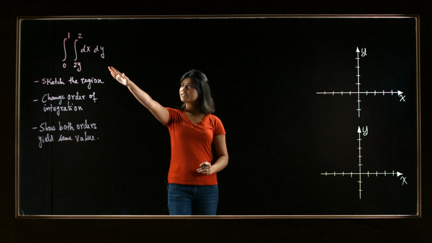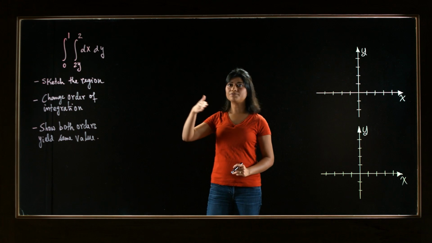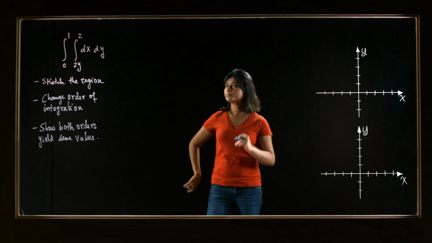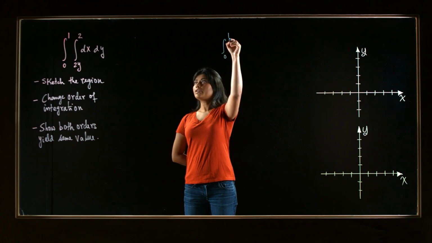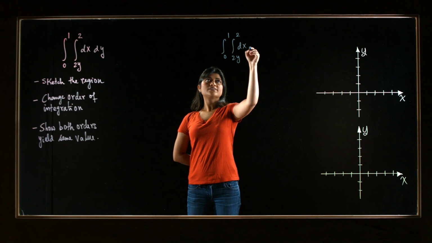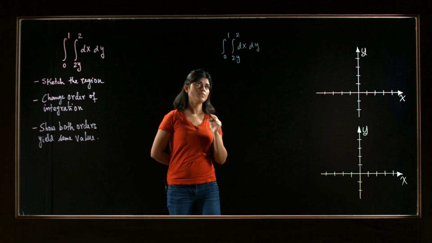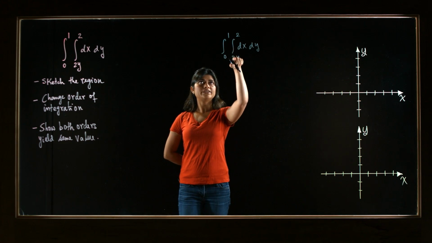Okay, so let's consider the double integral as it is and see if we can figure out which region it represents. The first one we have is 0 to 1, 2y to 2, dx dy. We have the bounds right here.